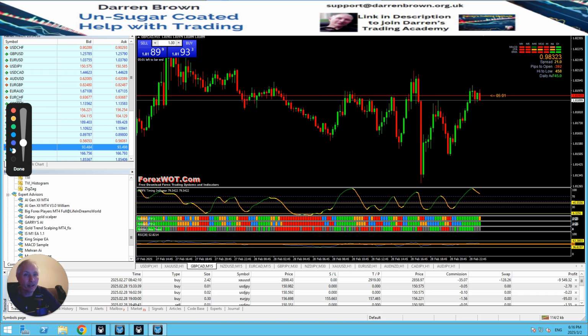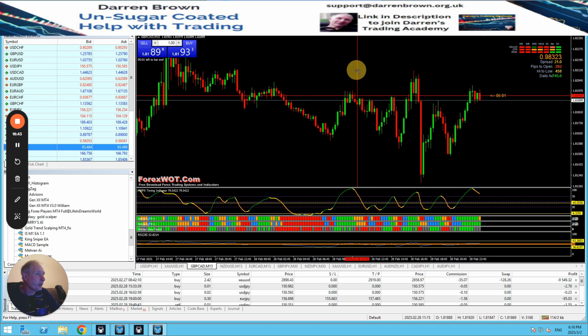So with this indicator, how you would use this indicator, okay, is although I can map out where this is going, you can use this as an indicator to get into the market.